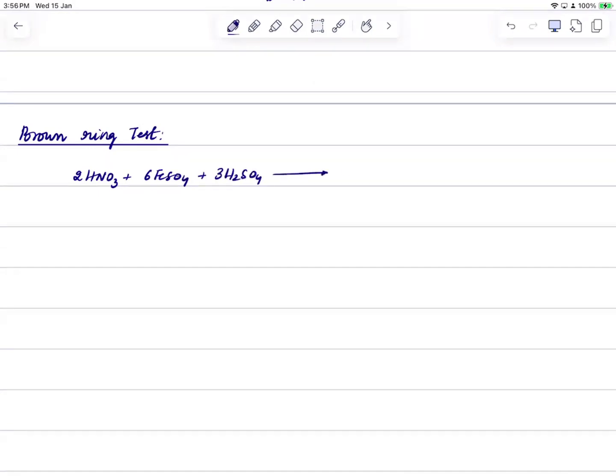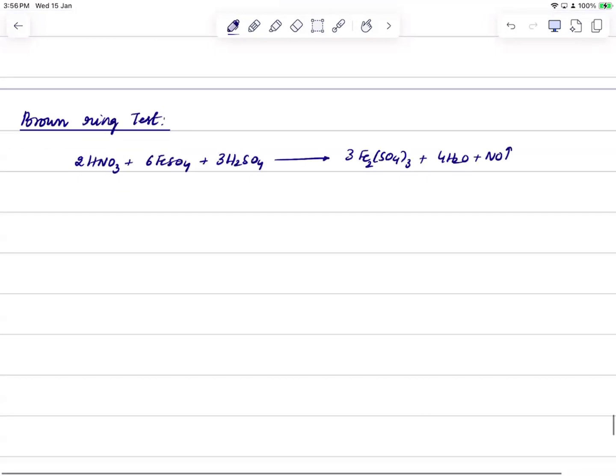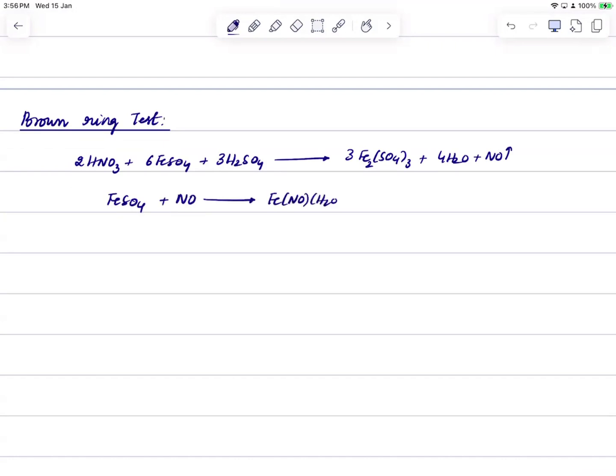As it reacts, it will get oxidized, from Fe plus 2 to Fe plus 3, and we will get NO gas here, correct? And the FeSO4 which is present with that NO will convert into FeNO H2O5 SO4, correct? This is that brown ring. So it will form this brown ring.